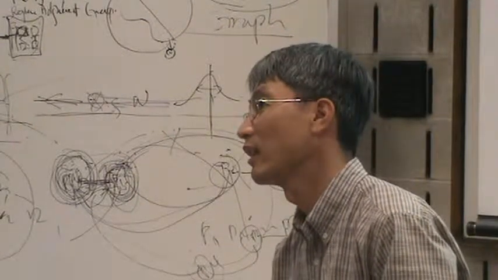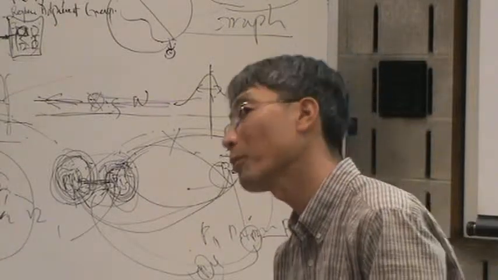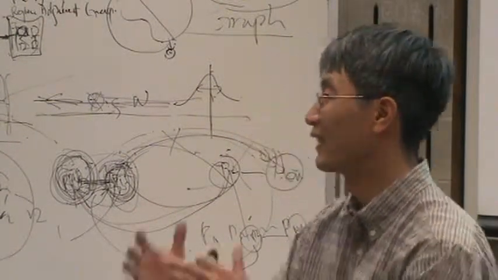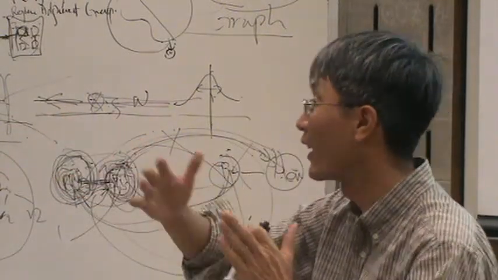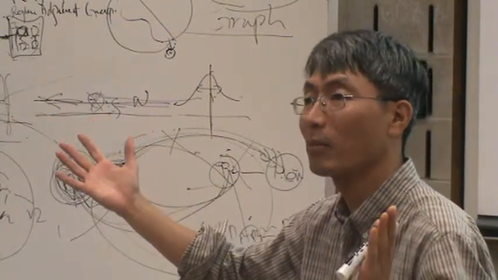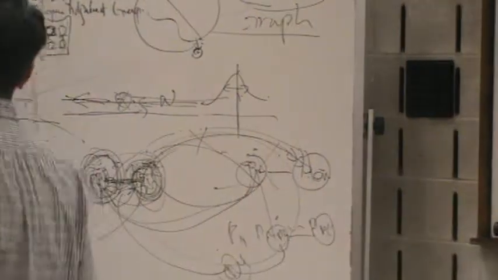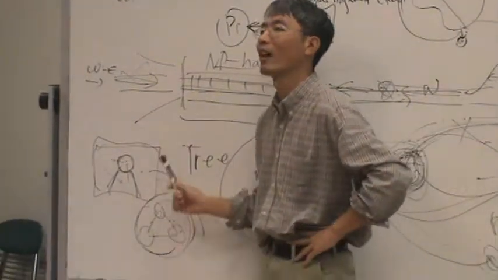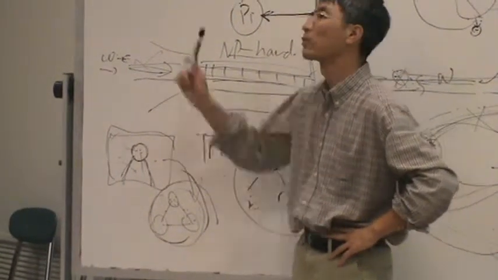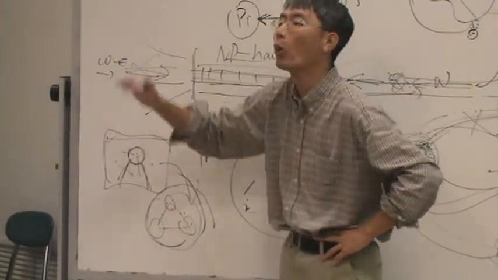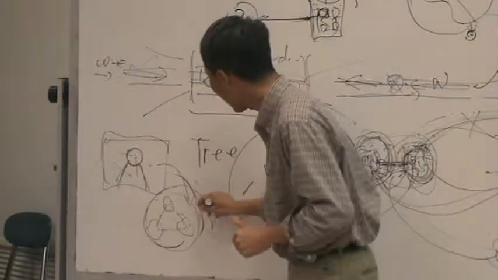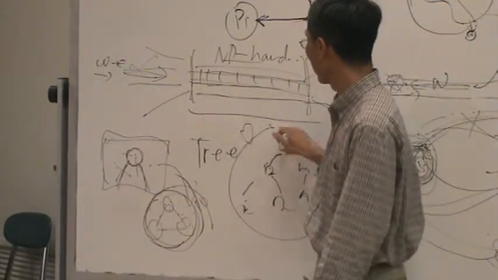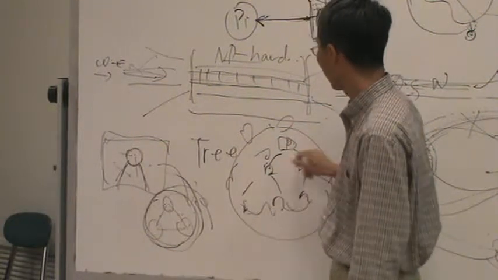NP means non-polynomial. Polynomial means it can be optimized using a linear equation or some equation. However, this graph theory is usually, not always, usually NP-hard, which means it's a brute force case. You need to check all the cases. For example, I'd like to find this graph in a bigger graph.